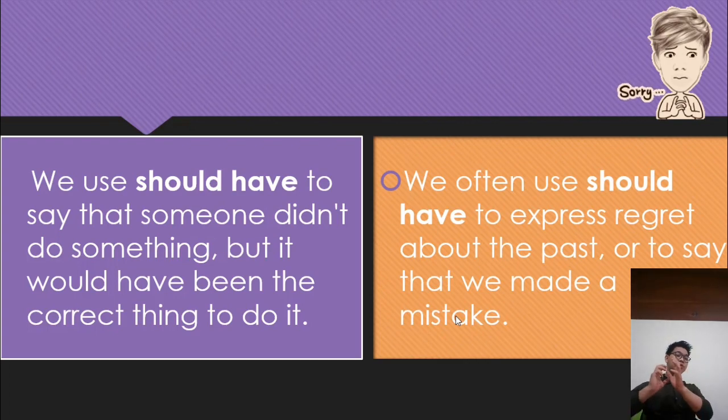We often use should have to express regret about the past, or to say that we made a mistake. This is the main point for should have, especially for expressing regret about the past. When we did something wrong in the past, we can use these should have sentences.